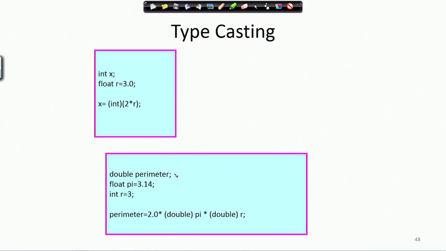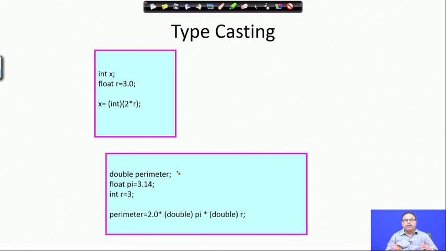Here is another example. Say perimeter has been defined as double. That means, it can have twice the floating point space. Pi is a float 3.14. Now, here you see this pi, we had encountered pi earlier, but here this pi is not the constant which has been defined using define, but pi is a variable which has been initialized at the time of declaration, and r is an integer.